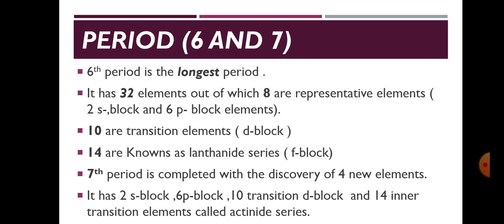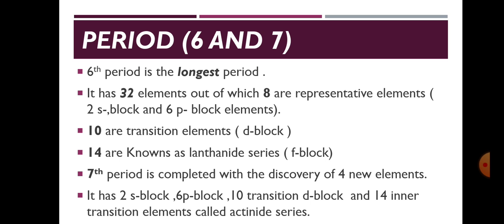In these 32 elements, 8 are the representative elements, 2 S block and 6 P block elements, 10 are the transition elements, and 14 are known as the lanthanide series. The 7th period is completed with the discovery of 4 new elements. Before the discovery of the 4 new elements, this period was incomplete, but now it is completed.